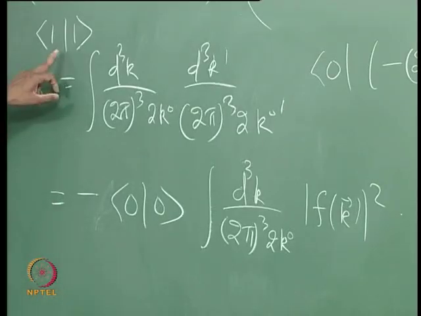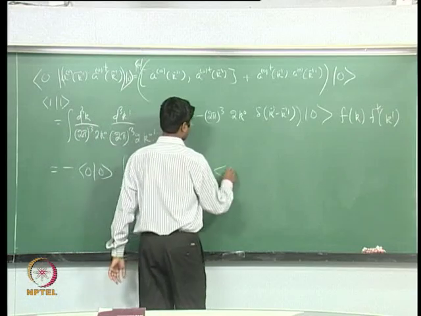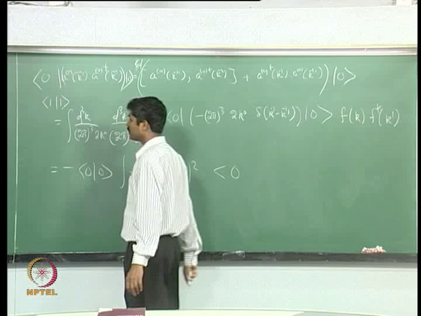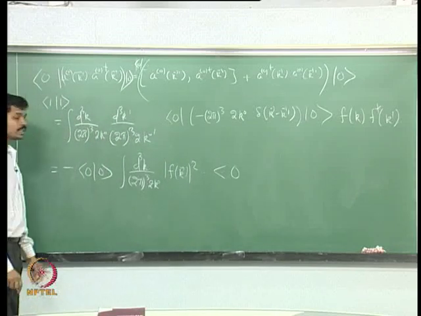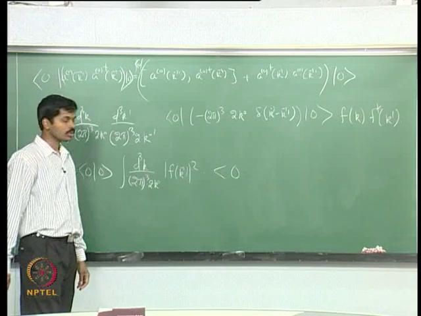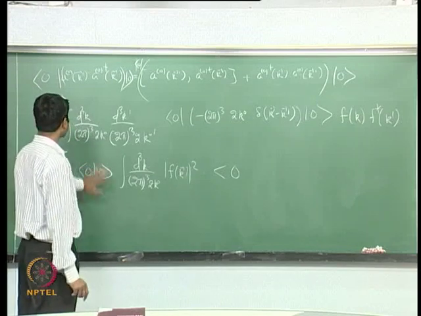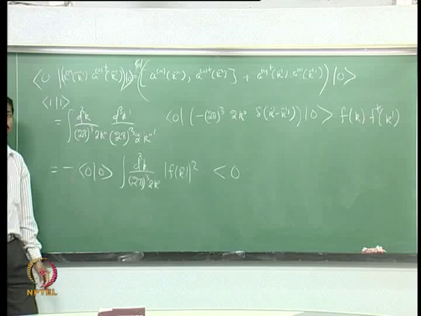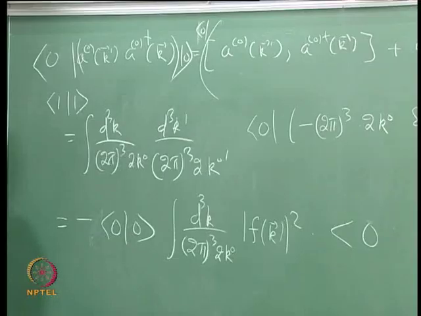So, what you saw here is that the norms of these one-particle states are negative. Therefore, when you consider this theory and quantize it, you see that there are negative norm states present in the Hilbert space.